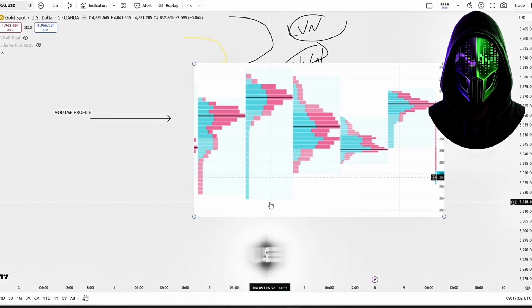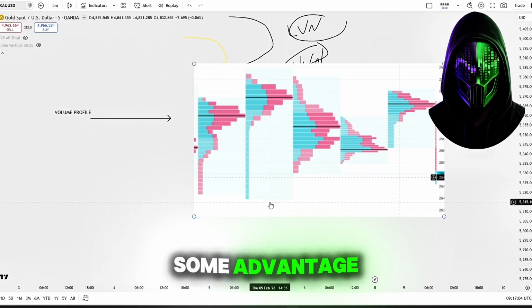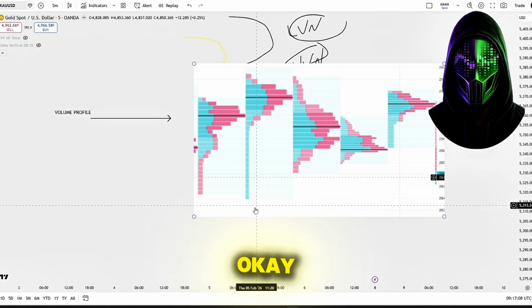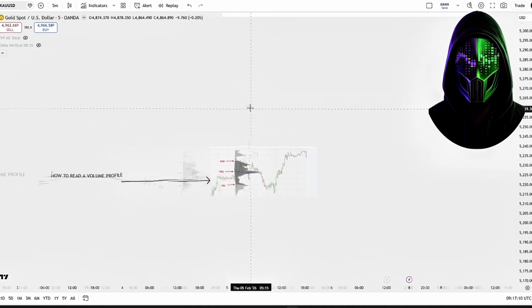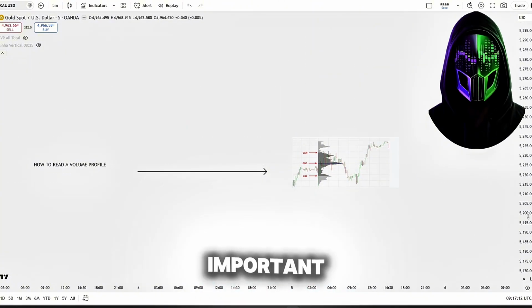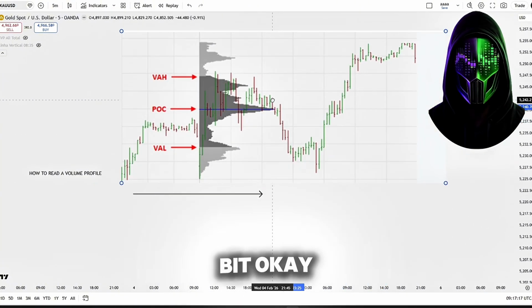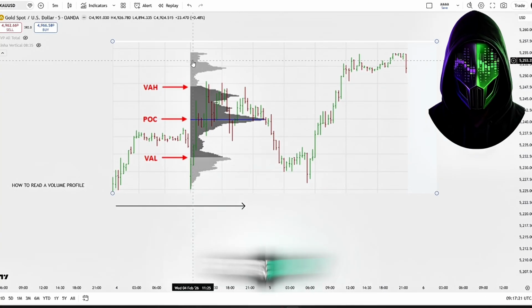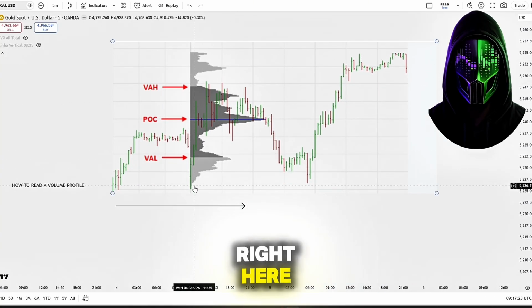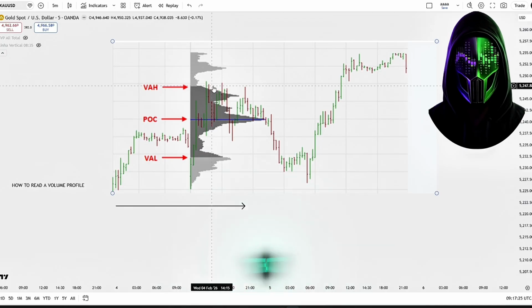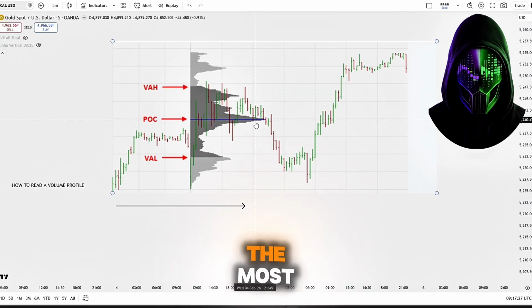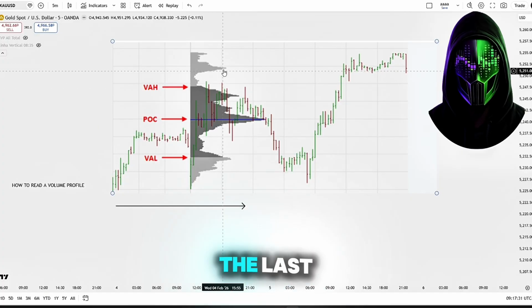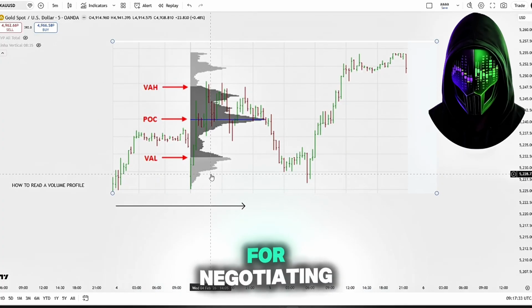So how can I use this to take some advantage, like a cheat code? And that's where the important part comes. Let me zoom a little bit. So here we have our volume profile, right here, and we can see that we have the most interesting area for negotiation and the least interesting area for negotiation right here.